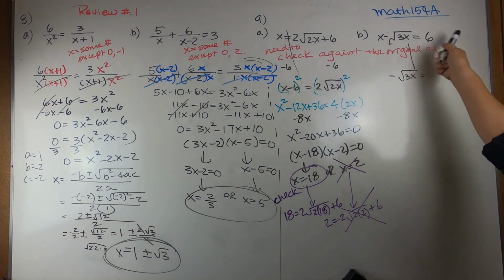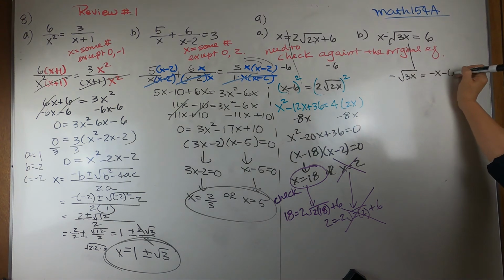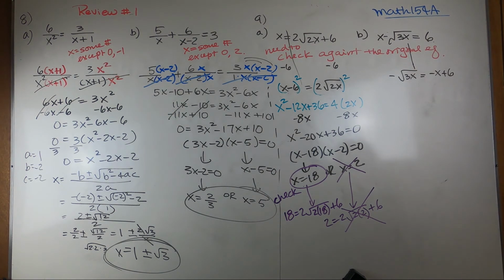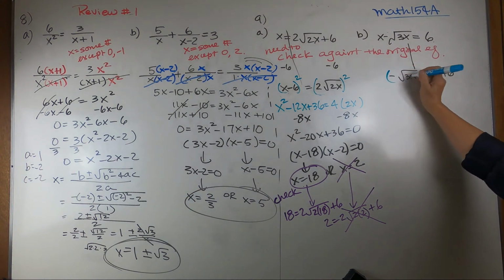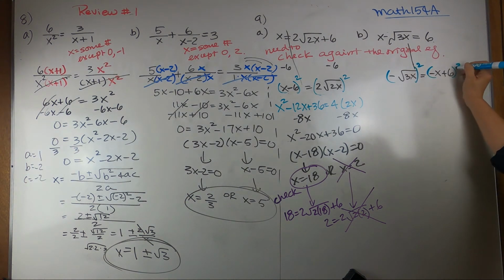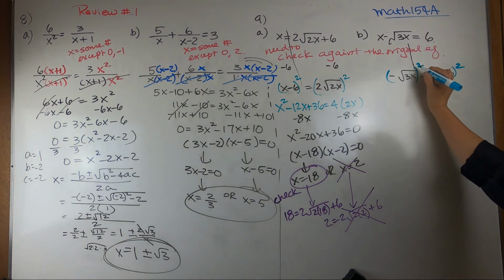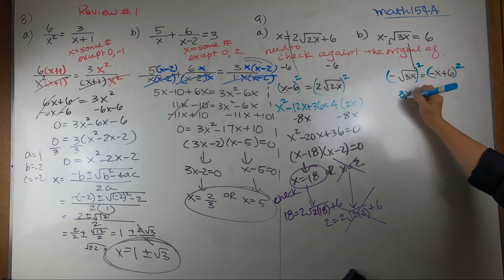All right, I just move x over. Negative x minus 6 plus 6. Right? Then get rid of radicals and get x by itself. I can do the square thing. So the negative twice is positive. And this will be 3x.